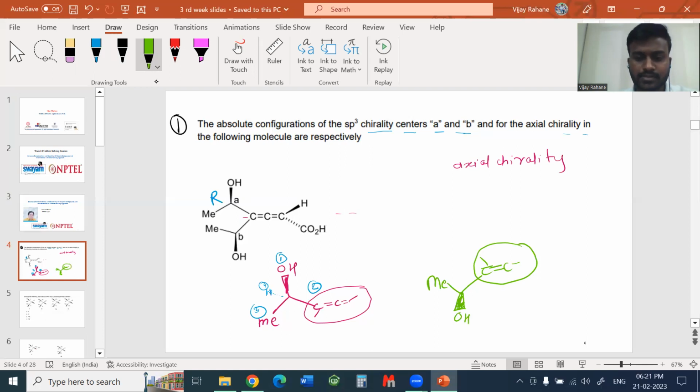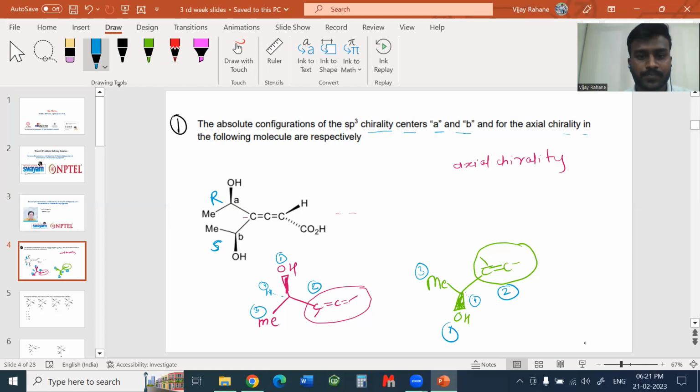In this one, we need to give numbering. So how will the numbering go? OH gets the first number, the group gets the second, methyl has the third, and obviously the hydrogen is below the plane, so the fourth priority goes to hydrogen. So what is the configuration for this one? 1, 2, 3 is anti-clockwise, and the fourth priority is below the plane, so it is anti-clockwise. It's S configuration, right?